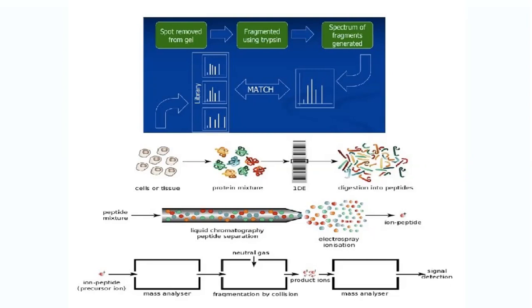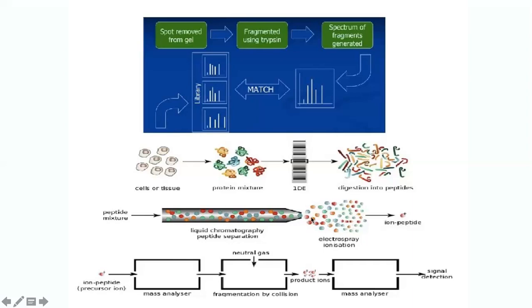So once the fragments are done, as you can see here, this is your cell or the tissue, this is your protein mixture. You can go for purification using gel electrophoresis, and if it is a very big protein that we are going to work with, then you digest into peptides using the enzymes I spoke about right now. And once this is done, you can separate out the mixture using liquid chromatography. We saw earlier HPLC could be one good option for doing this.